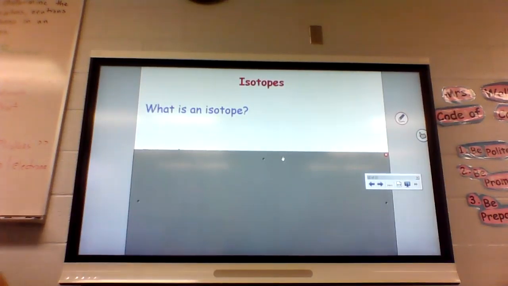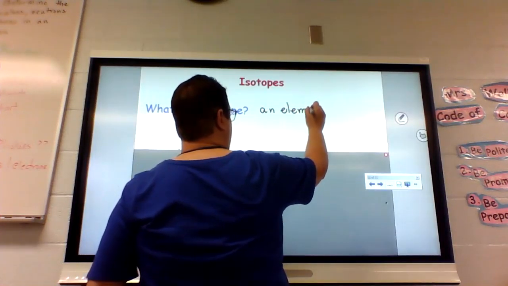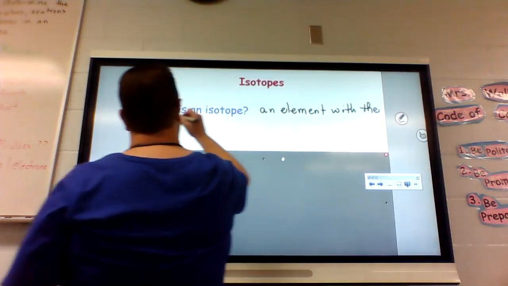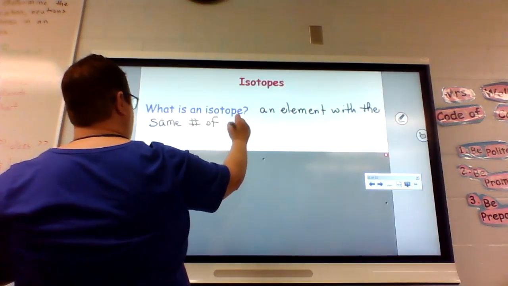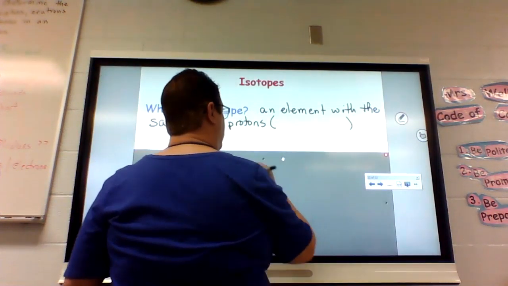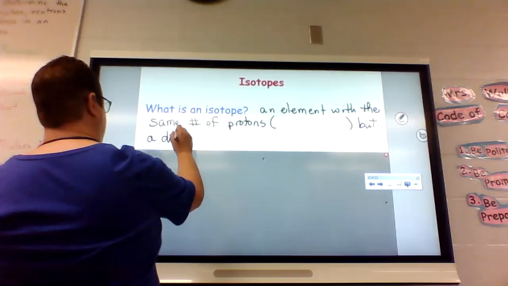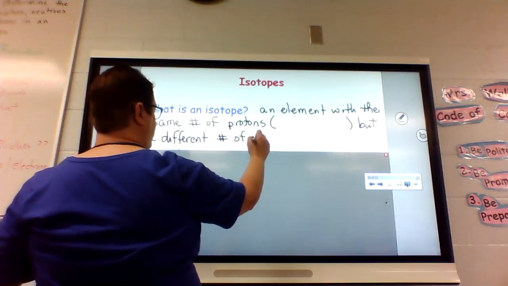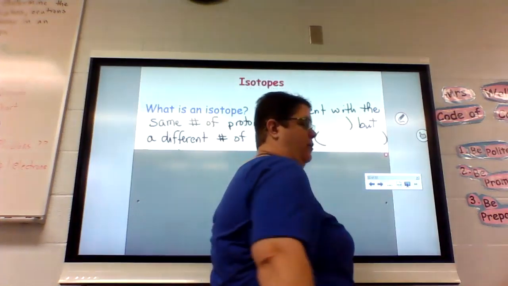An isotope is an element with the same number of protons, and I'm going to put parentheses here because I'm going to come back and put something right there, but a different number of neutrons. I'm going to put parentheses here too because I'm going to put another word there.